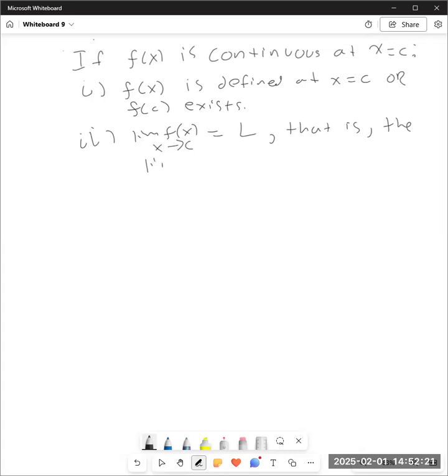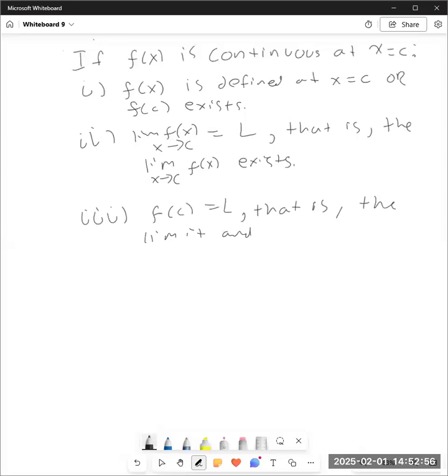So the limit and function value are equal. So the function is continuous.